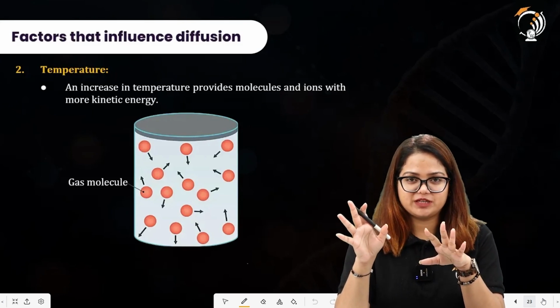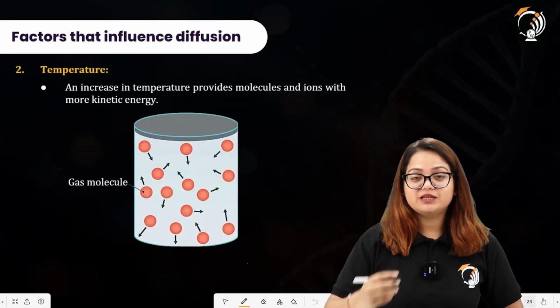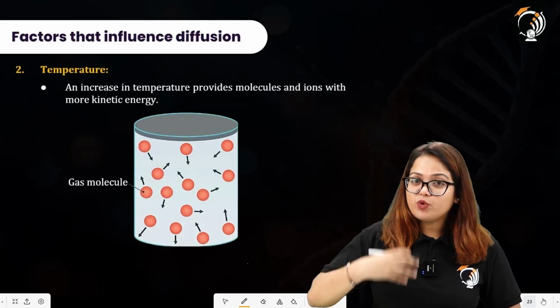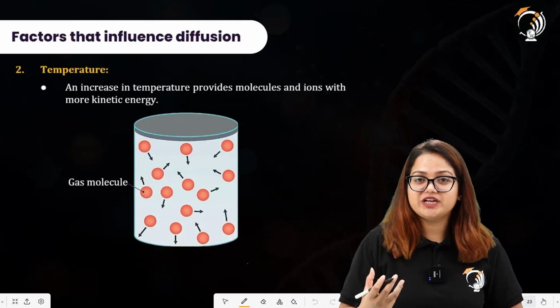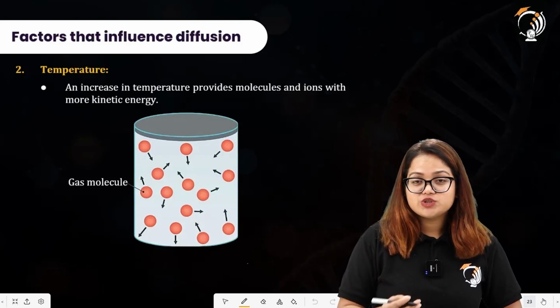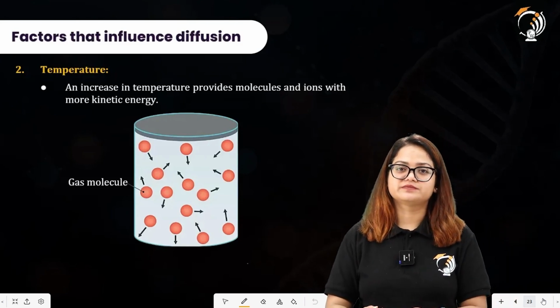The molecules will exhibit more random motion, and more rapidly they will collide with each other and with the container. So on increasing the temperature, the random movement of the molecules also increases.